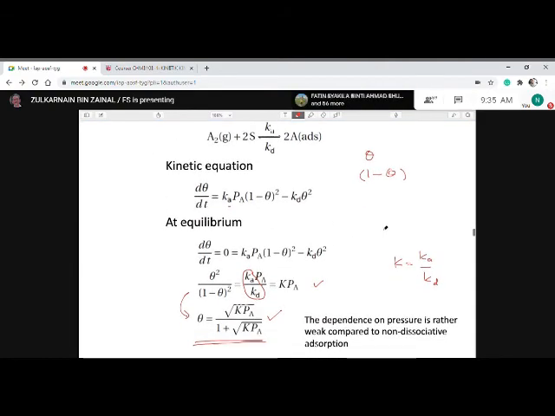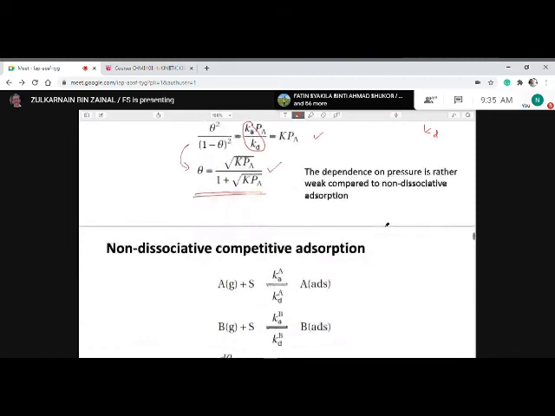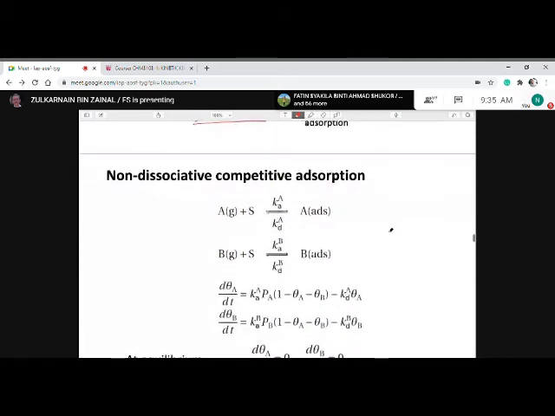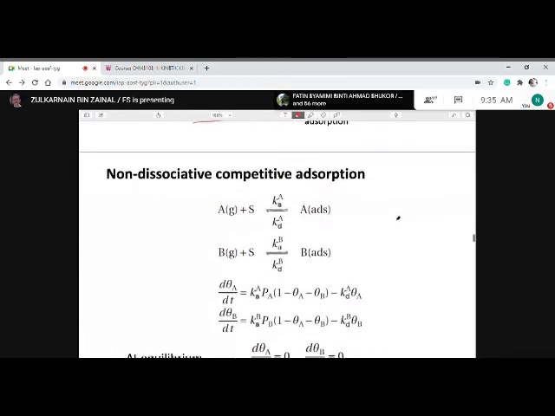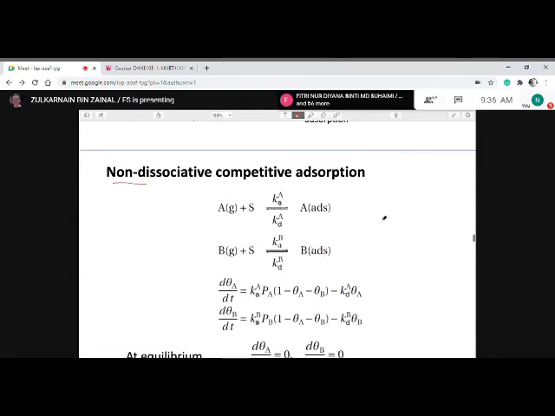Okay, so move on now to the next one, which is non-dissociative competitive adsorption. Non-dissociative means the molecule that comes to the surface does not dissociate into atoms.